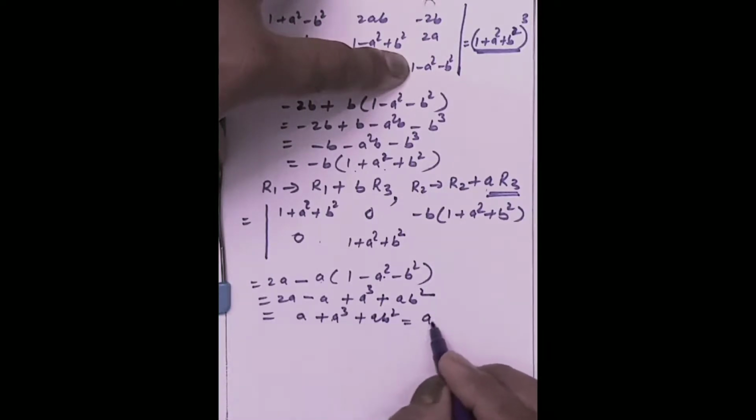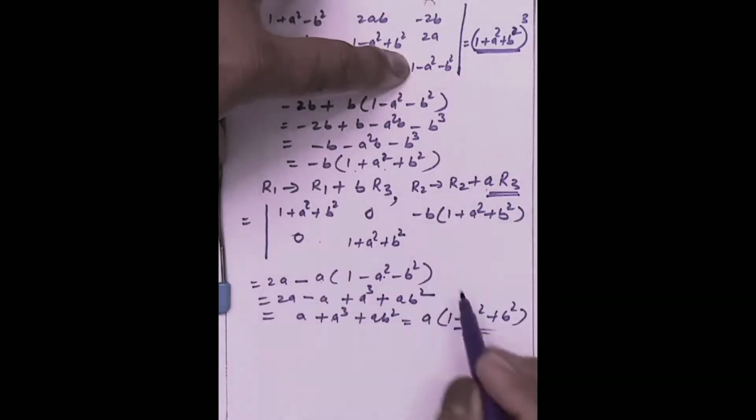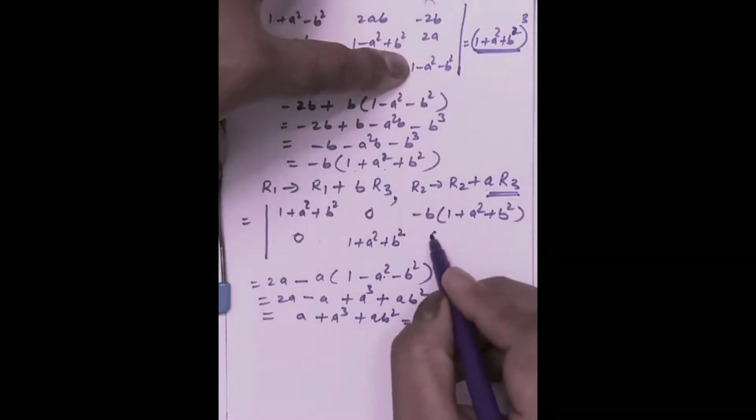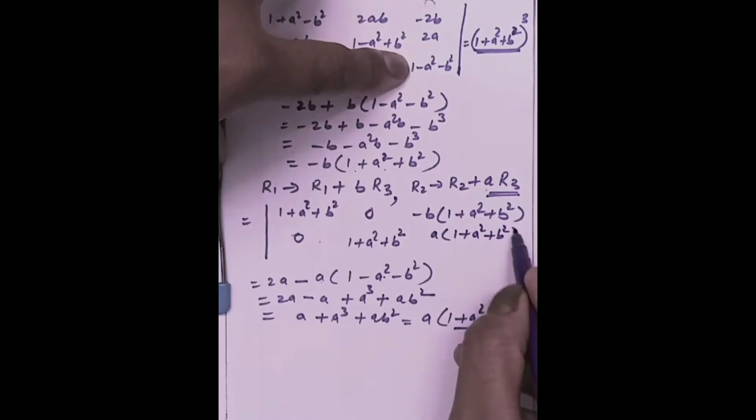This is equal to a common 1 plus a square plus b square. So this is the result we are getting. So I am going to write it here: a times 1 plus a square plus b square.